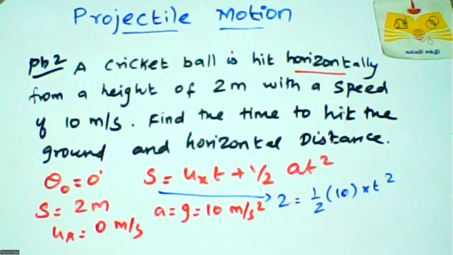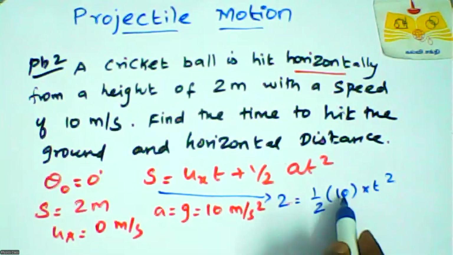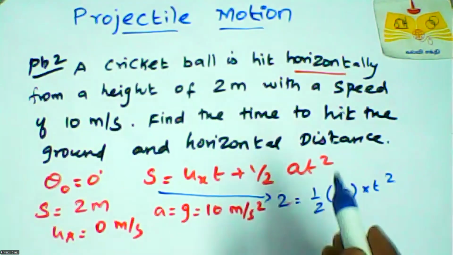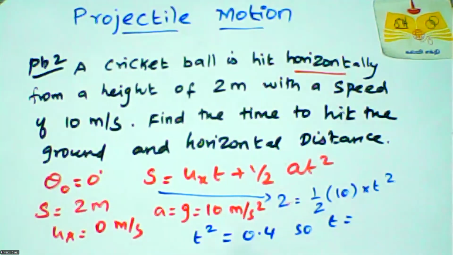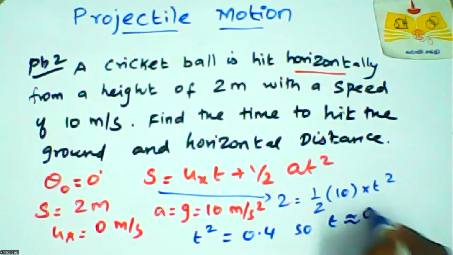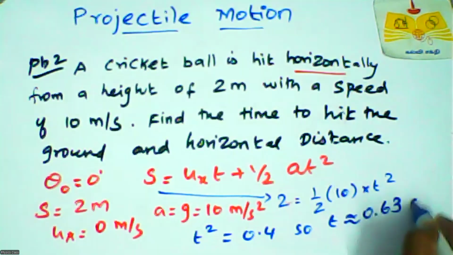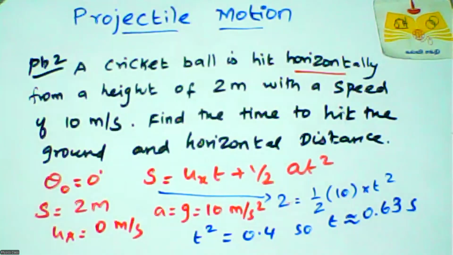Two goes here, 2 into 2 is 4, and 10 goes here, so 4 by 10 is 0.4. So T square equals 0.4. Then we have to take roots. Root of 0.4 gives approximately 0.63 seconds.